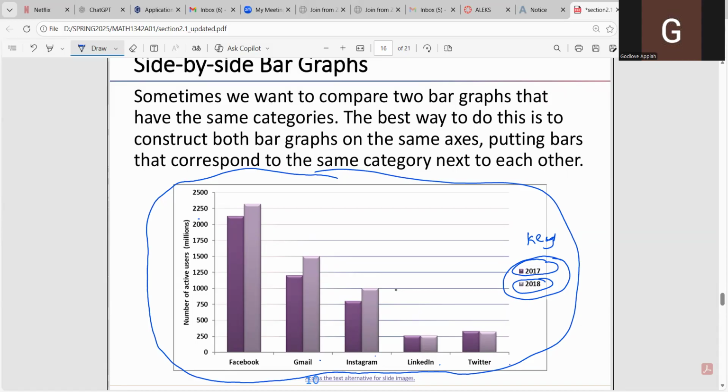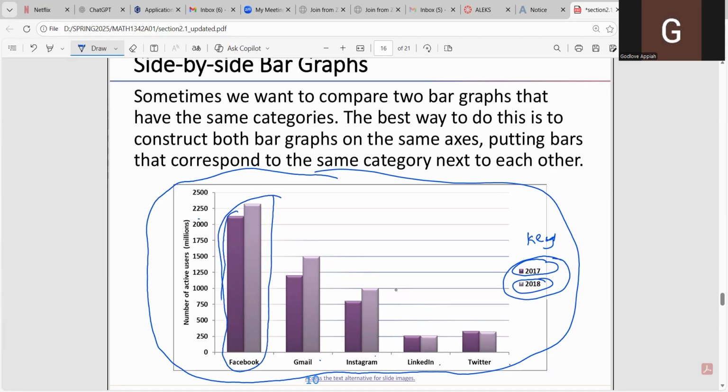The small boxes beside the years are of different colors. The one for 2017 has a purple color, and the one for 2018 has a gray color. So the rectangle that has the purple color is for the year 2017, and the gray one corresponds to 2018. For example, the very first rectangle has a purple color.